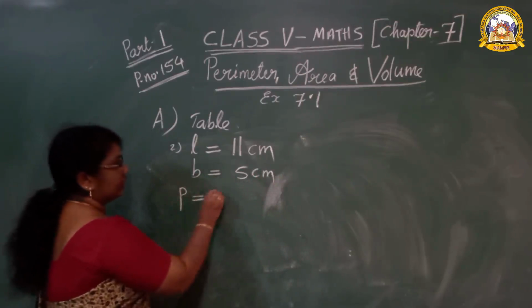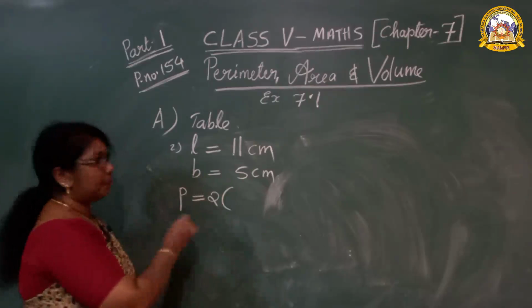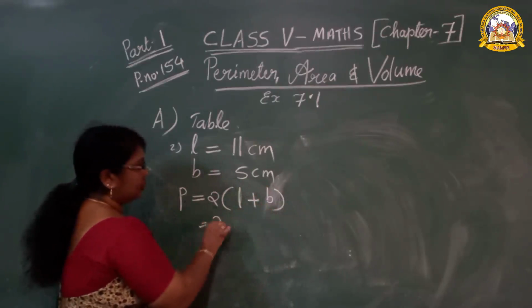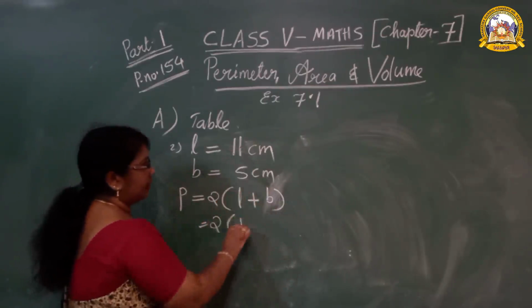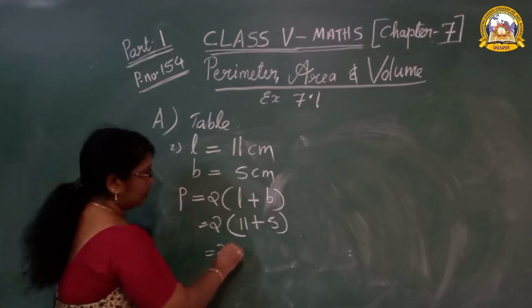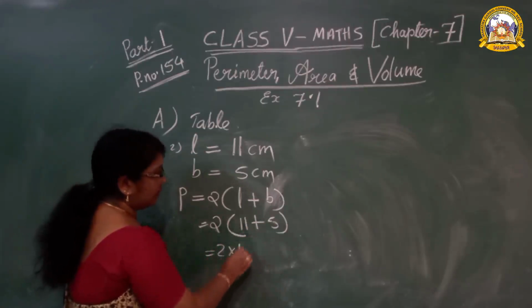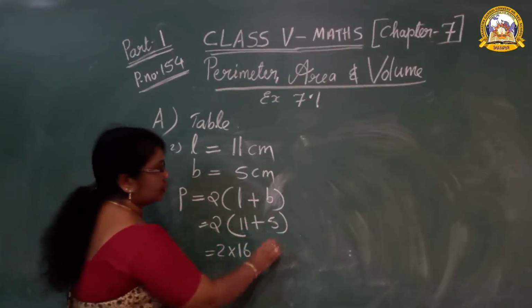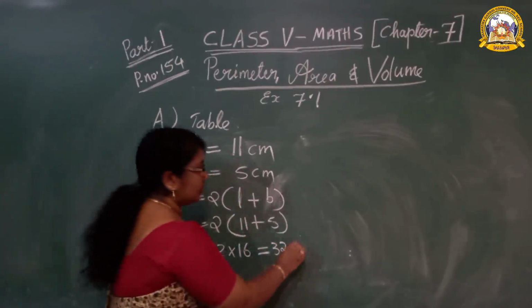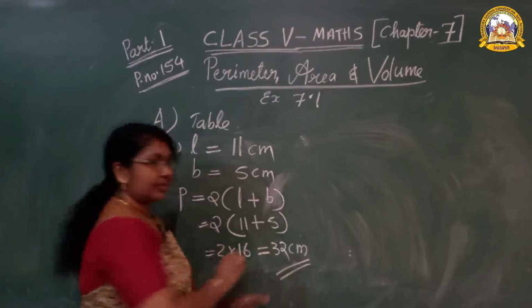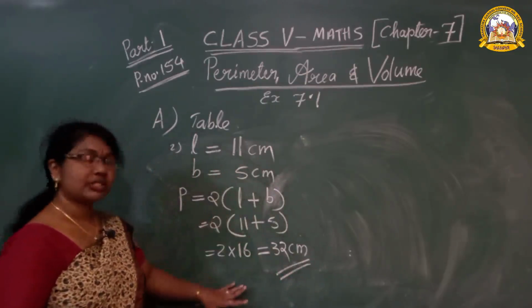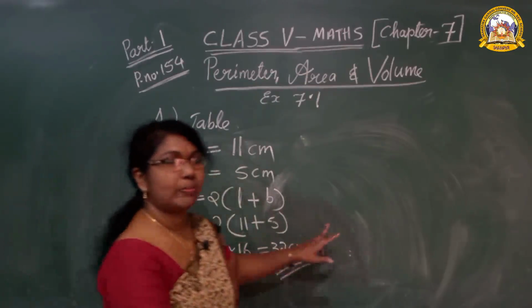Perimeter is equal to 2 multiply length plus breadth. 2 into length is 11 plus breadth is 5. 2 into 11 plus 5, 16. 16 2s are 32. What is the unit? Centimeter. 32 centimeter. In the fill in the blanks, 2 more are there, you have to do them as homework.